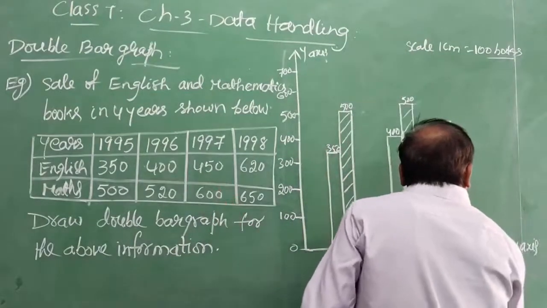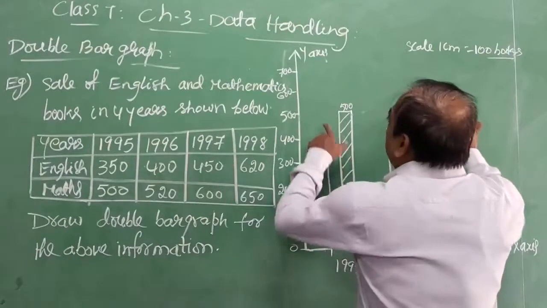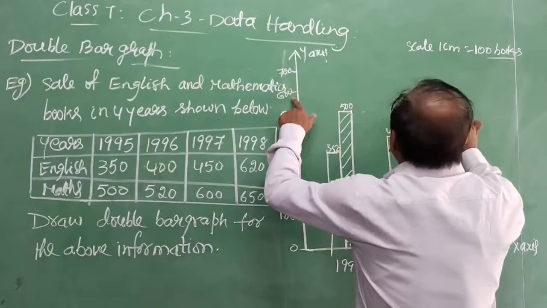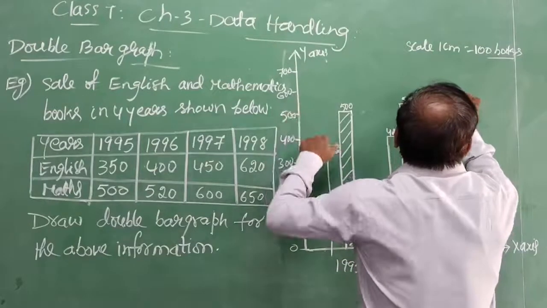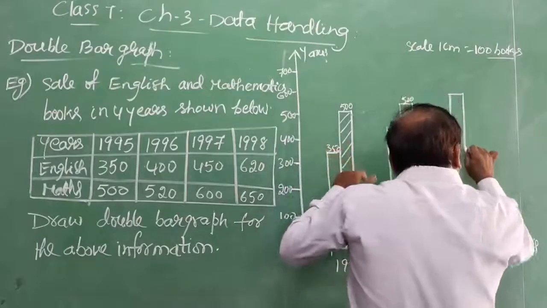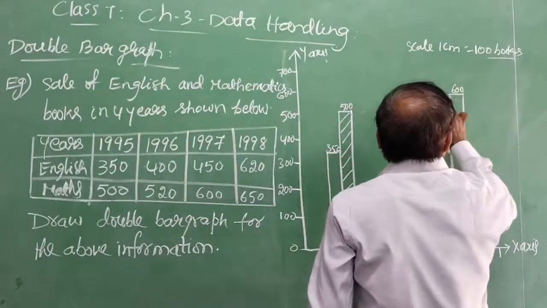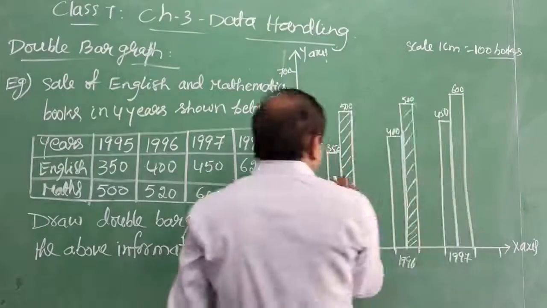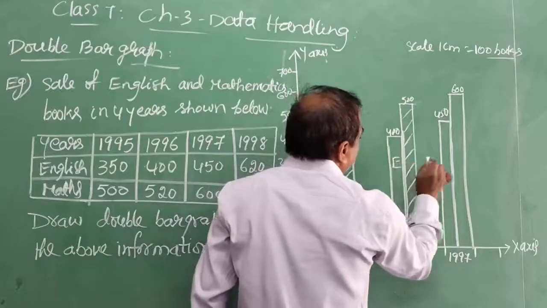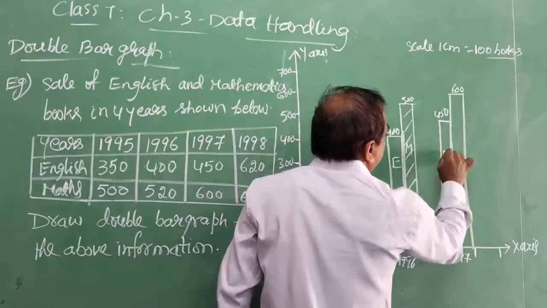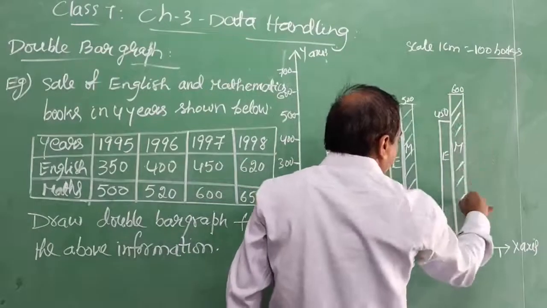So 600 means that is mathematics books. Where you get 600? From there again you come down. So this is 600. This is 450. So E means English. This is maths. English, maths. English, maths. I am shading here.